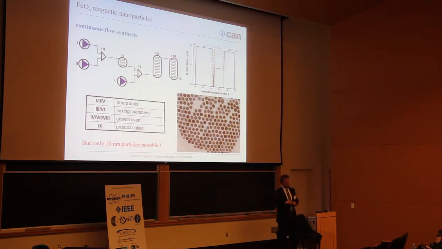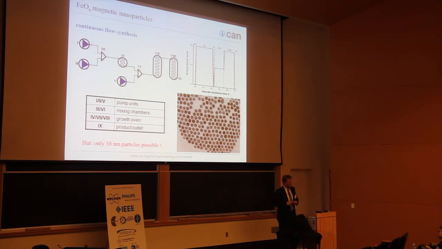So this here is the setup we used for the iron oxide production. What we do is we have an iron compound in here, we have oleic acid in here, mix it at room temperature, heat this up to 300 degrees. This forms the initial particle. Then we add some N-oxide to oxidize it and heat this up first to 130 and then to 300 degrees.